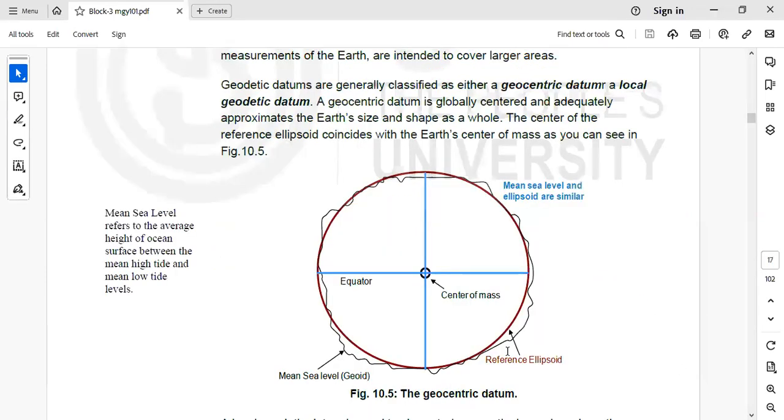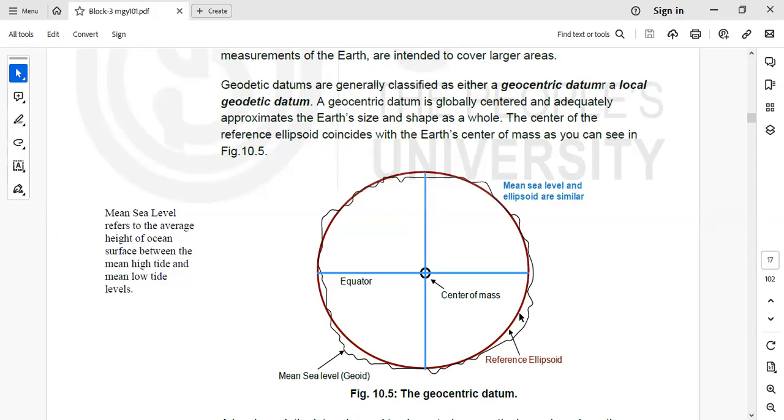In this figure, you can see a line which is irregular in shape. It represents a plane known as the geoid, and it coincides with the mean sea level of the Earth. And here there is another line which is spherical in shape, known as the reference ellipsoid.